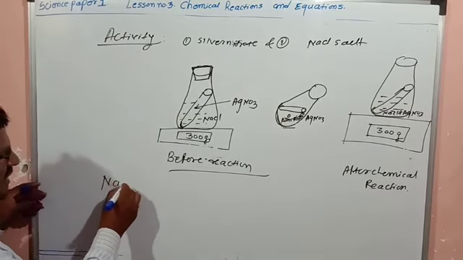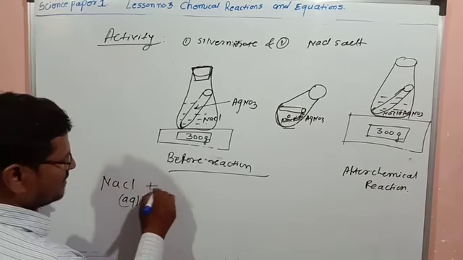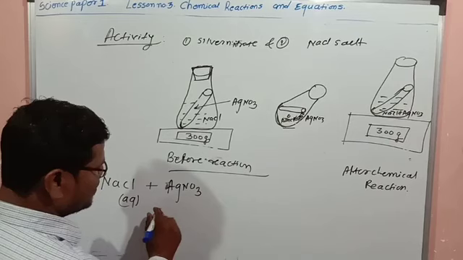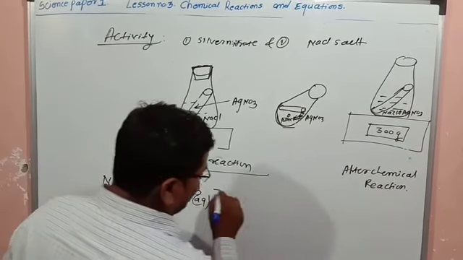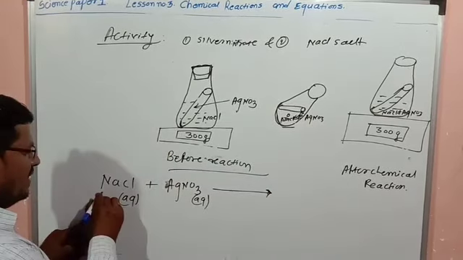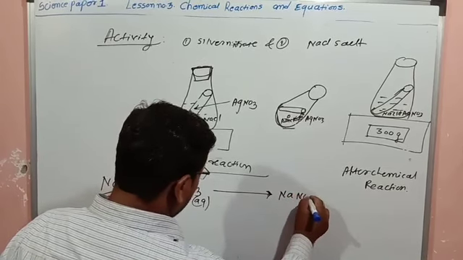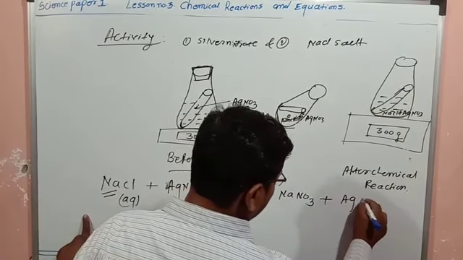First is NaCl, aqueous, sodium chloride, plus AgNO3, silver nitrate, which is also in the aqueous state, then an arrow. In this, NaNO3 will be produced, and plus AgCl will be produced.